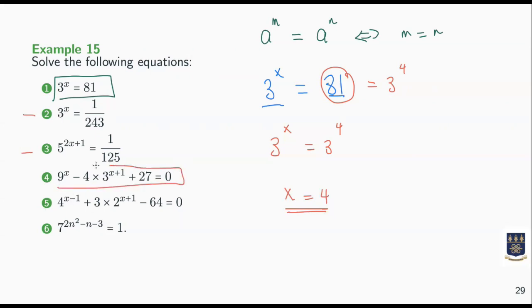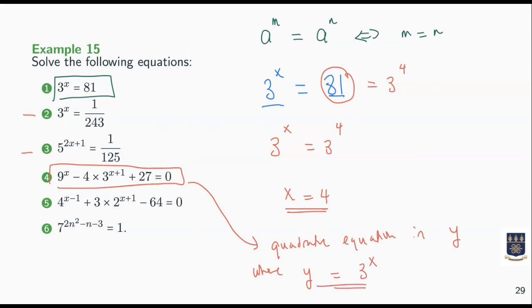4 is quite interesting because this is not the kind where you can have this sort of equation, but it turns out to form a quadratic equation in y, where y is 3 to the x. And so what you do is a three-step process.